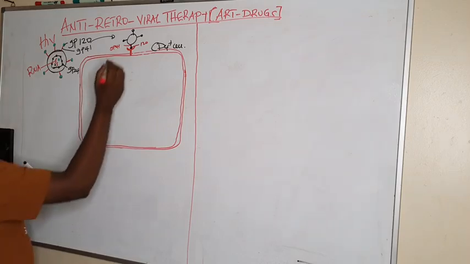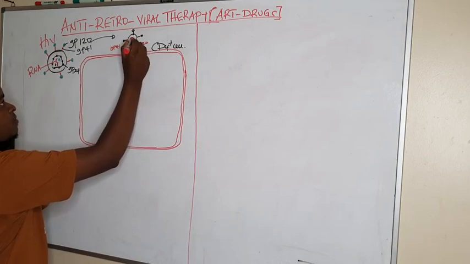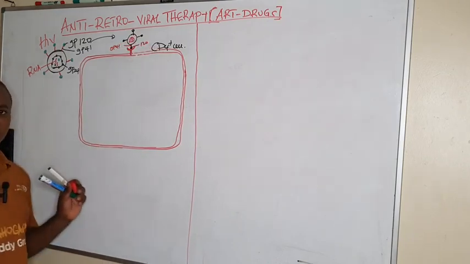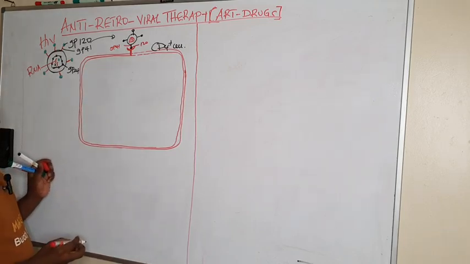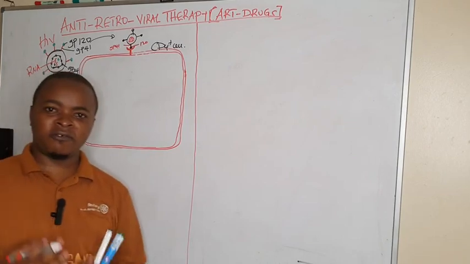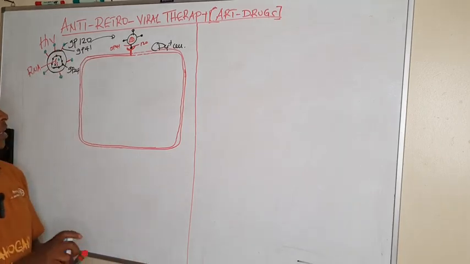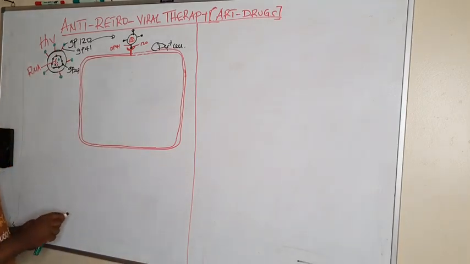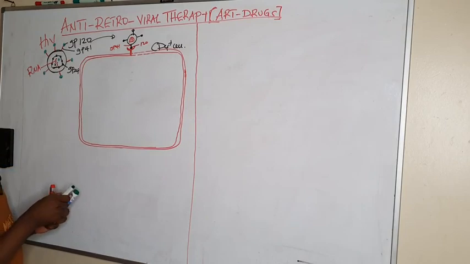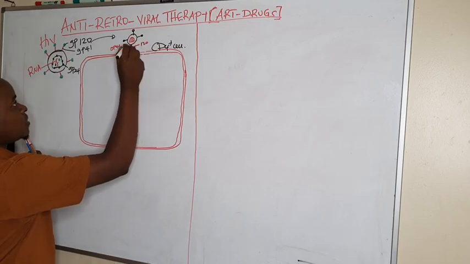So when it binds, remember its genome is the RNA containing glycoprotein 24. So when it binds, the attachment is not firm. So there is what we call a co-receptor present. And the co-receptor which is present is known as chemokine receptors. These receptors are known as the co-receptors.